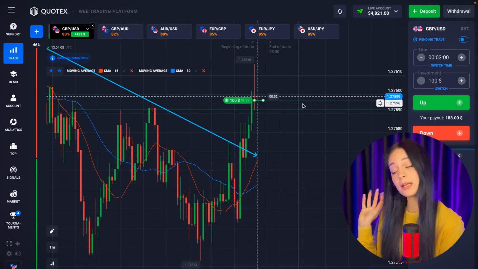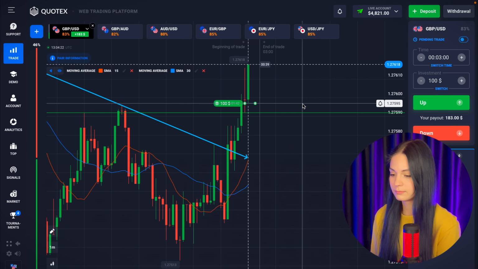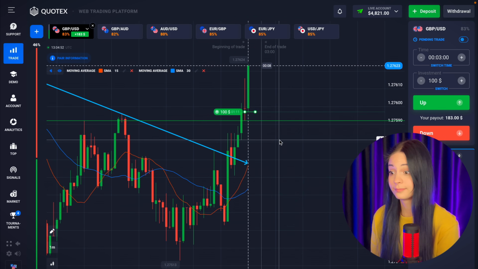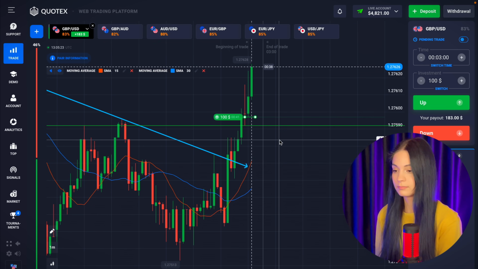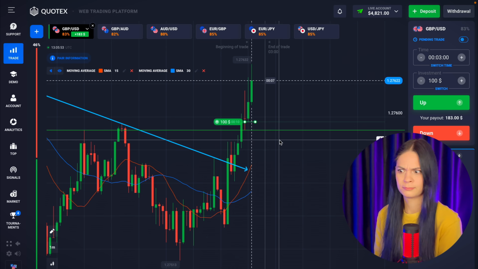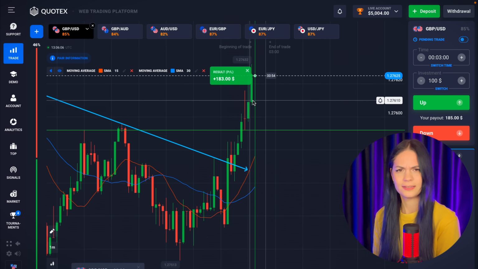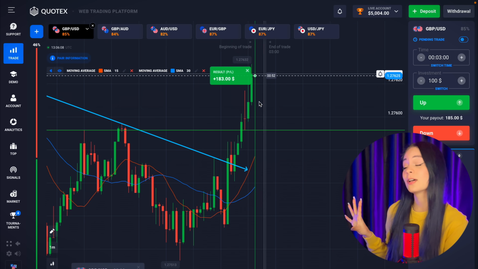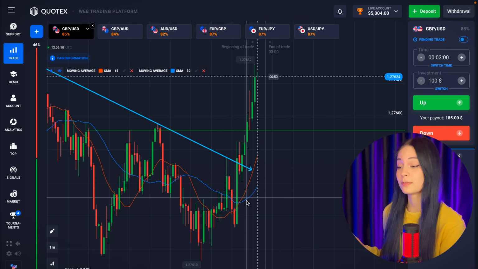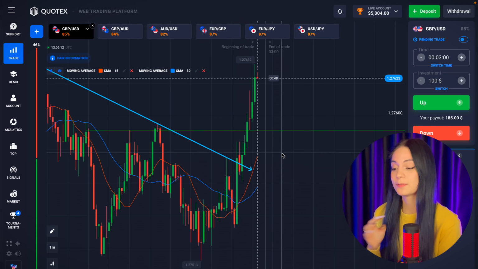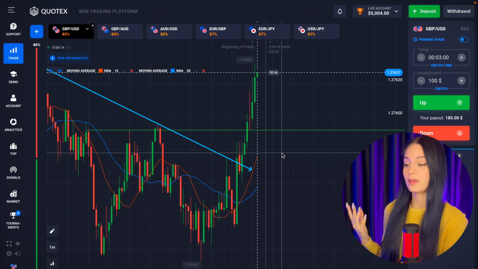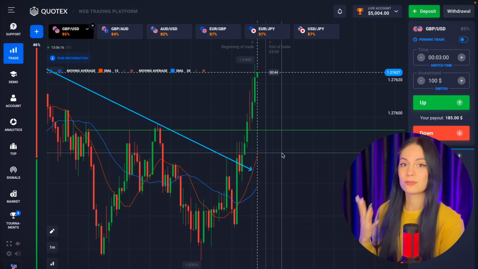So let's see what's going to happen here. Finally. Okay, so it closed beautifully, the price went up, and we waited for all three confirmations, and this is an amazing trading deal.